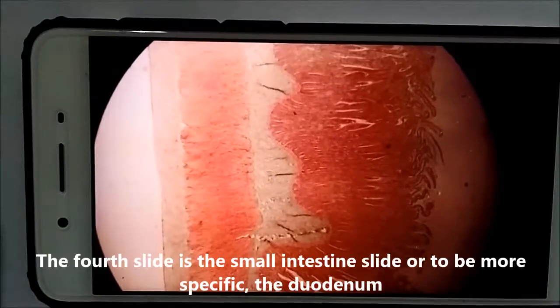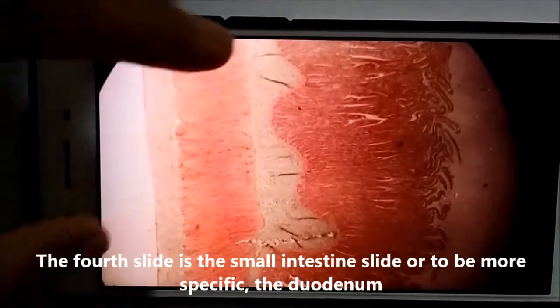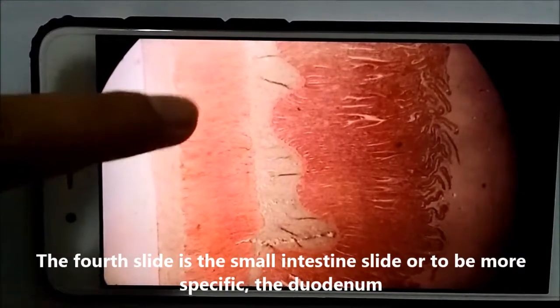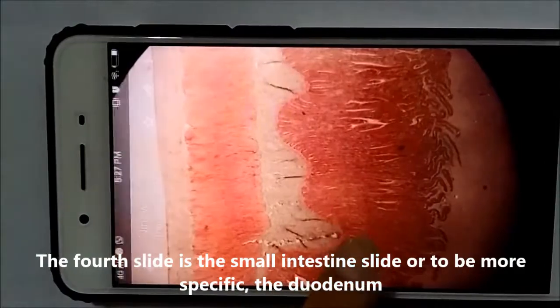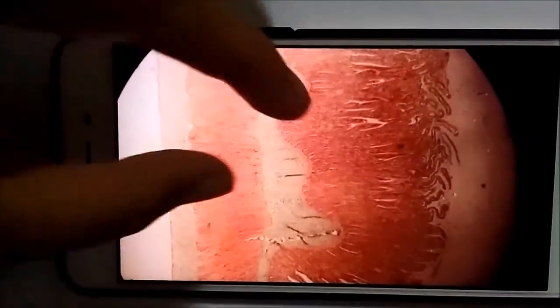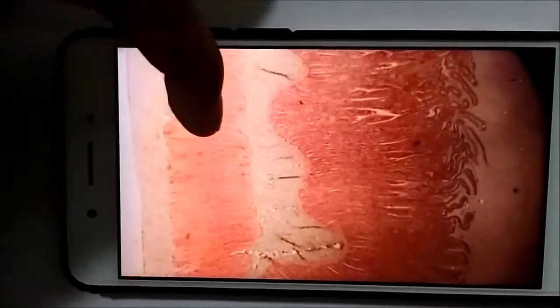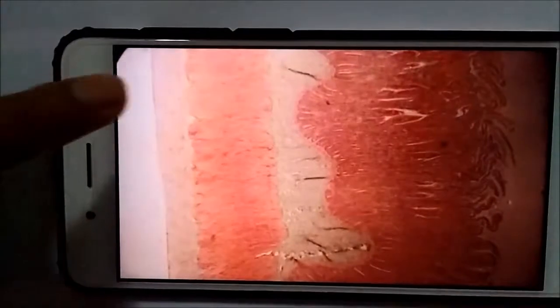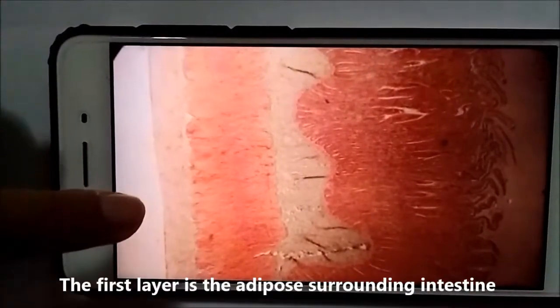So the fourth slide is the small intestine slide, which, to be more specific, is the duodenum. So we can see the structure of the duodenum. The first layer here is the adipose surrounding the intestine.